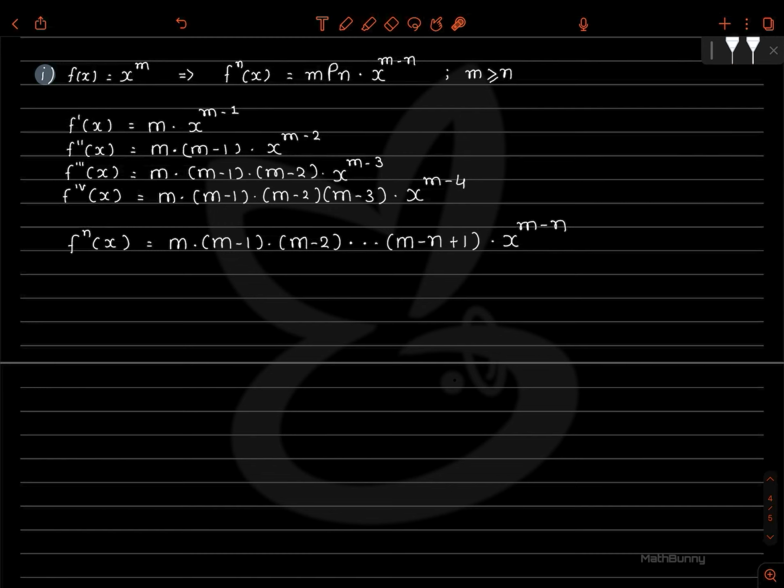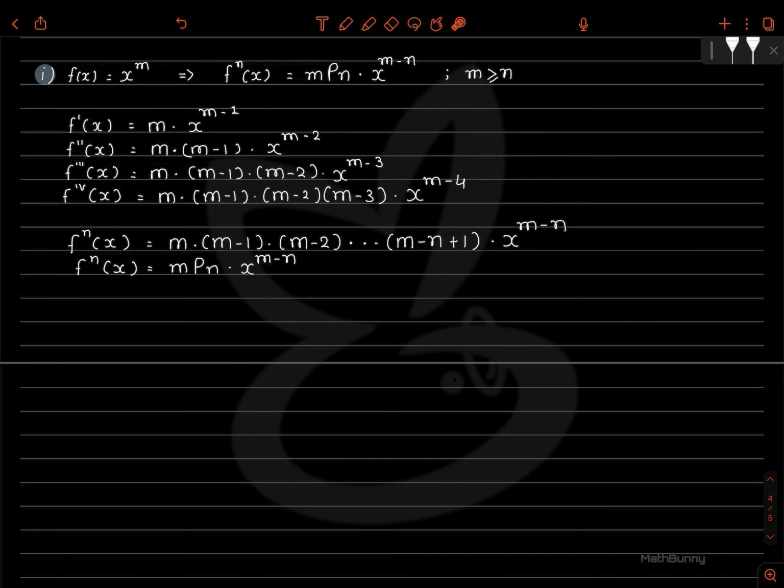Here you can see this multiplier is nothing but mPn, which is multiplied to x raised to m minus n. So we have formulated the nth derivative of f of x is equal to x raised to m.